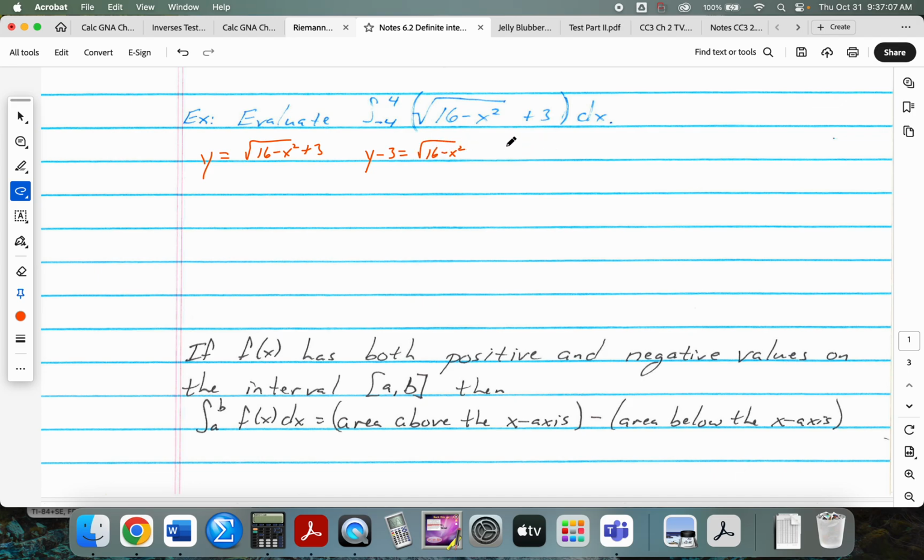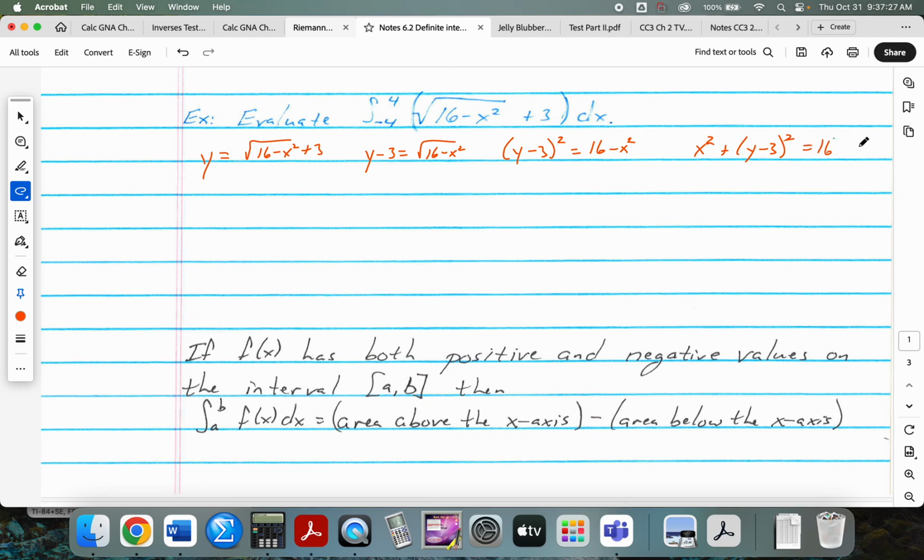Square both sides, and you've got y minus 3 quantity squared is equal to 16 minus x squared. Add x squared to both sides, and you have x squared plus y minus 3 squared is equal to 16.